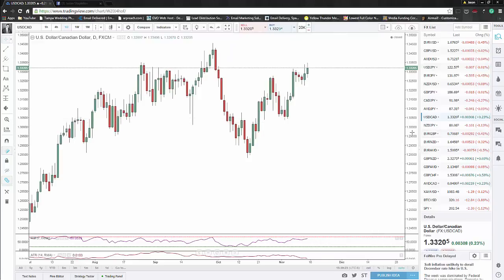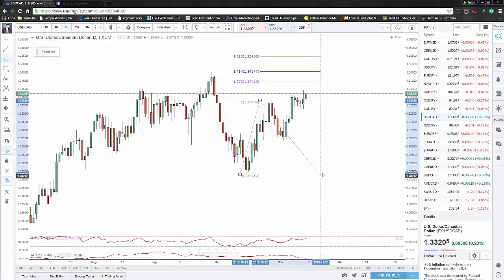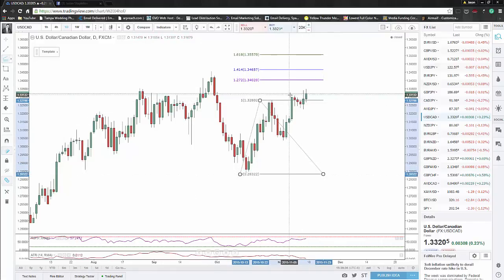Let me see what we've got here. You're going to have a 127 extension right here, right at structure. Okay, so you've had the pullback. We're looking for potentially an AB equals CD move here.